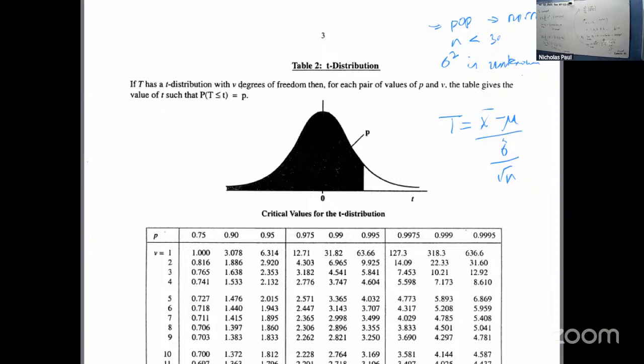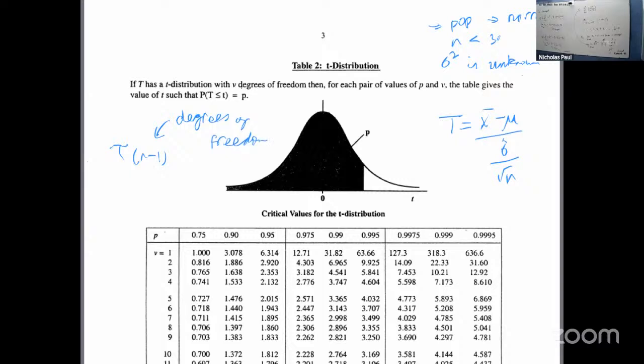But the problem with the t distribution is that to get the values, we need two things. We need to know the degrees of freedom. That's basically n minus 1.